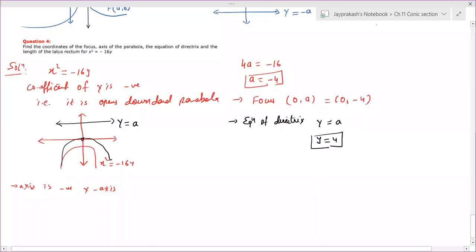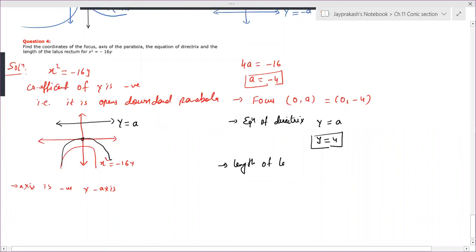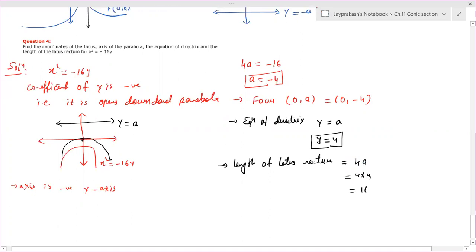It is given in the question that the vertex of the parabola is this one, so the vertex will be shifted from the origin. Now the length of latus rectum is equals to 4a, so it's 4 fours are 16 units.